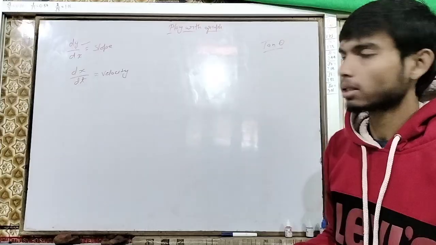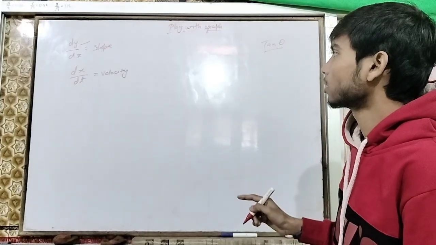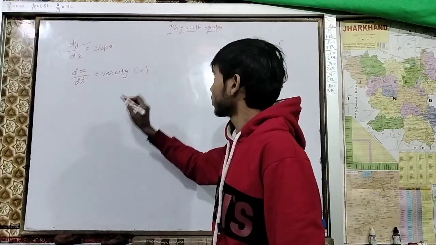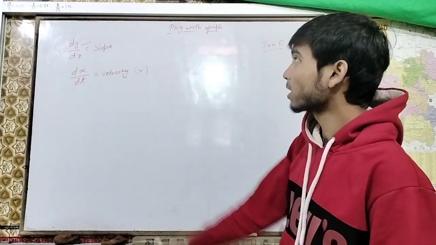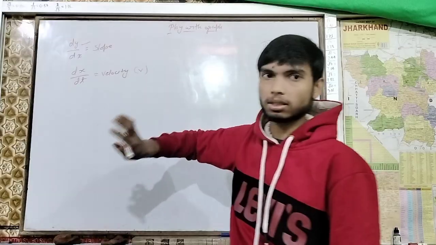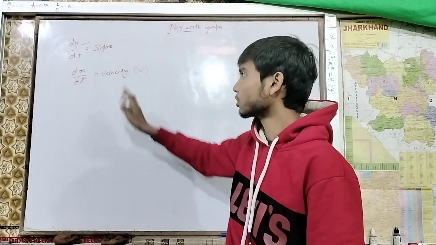Dx upon dt is velocity, or you can say v. We just replaced y by x and x by t. That's it. And this became the formula for velocity.